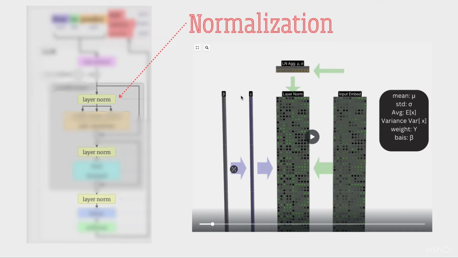Note here, we have the bias and we have the weight, and we are using some aggregation functions like the mean and the standard deviation to convert the input embeddings from the previous step into a layer norm, or let's say normalized input embeddings.